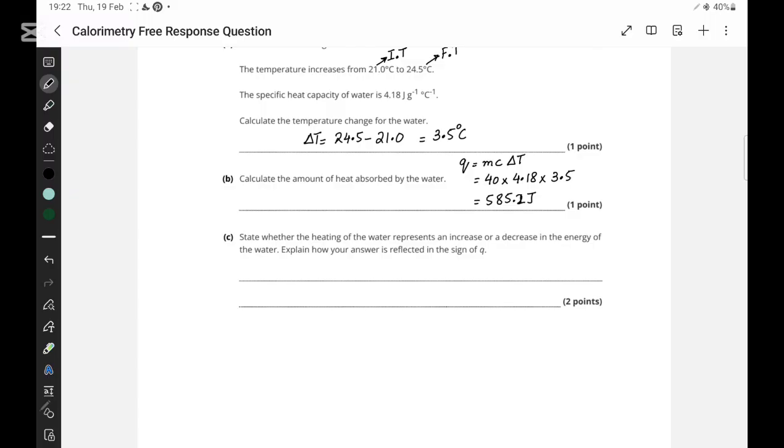The heating of water represents an increase in energy of water because Q is positive, showing that the water absorbs energy. As it is for 2 points, we are going to write it like this: heating of water represents an increase in the energy of water.